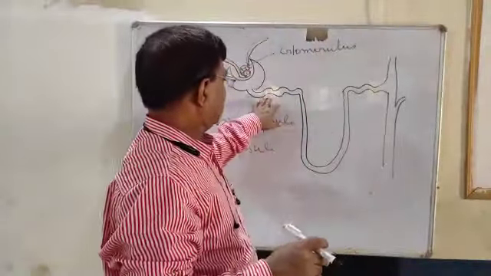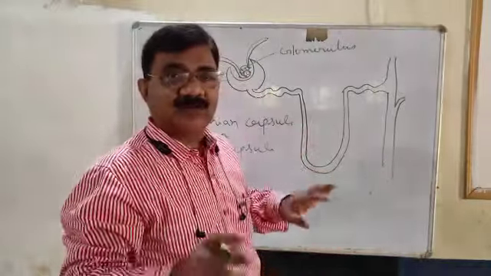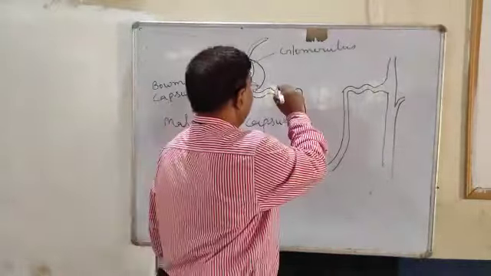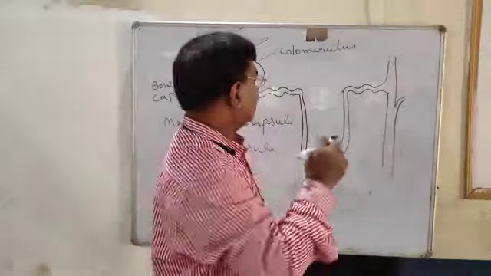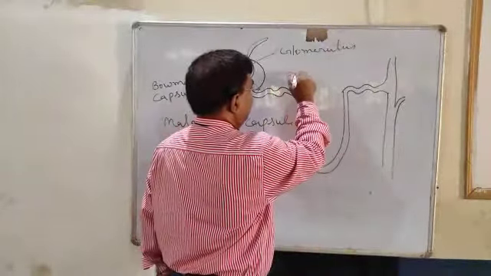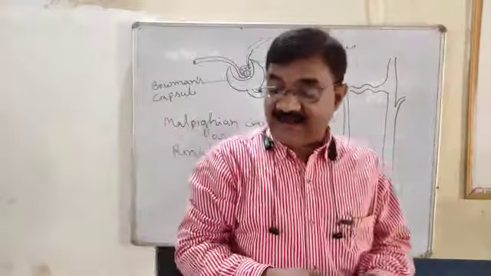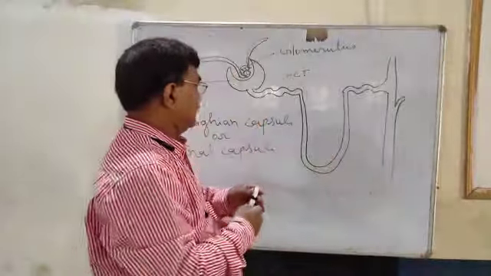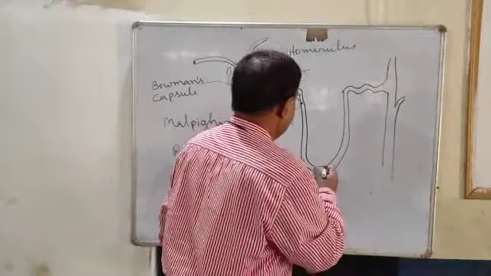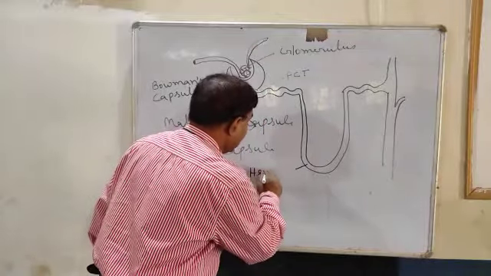We have discussed this convoluted part, which is nearer to the Bowman's capsule, and it is called the proximal convoluted tubule, in short PCT. The part which is U-shaped in the middle is called Henle's loop or loop of Henle.